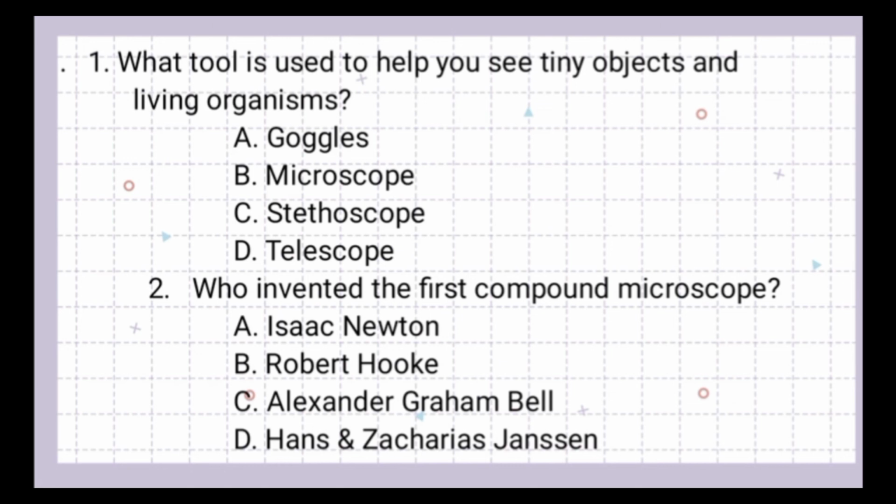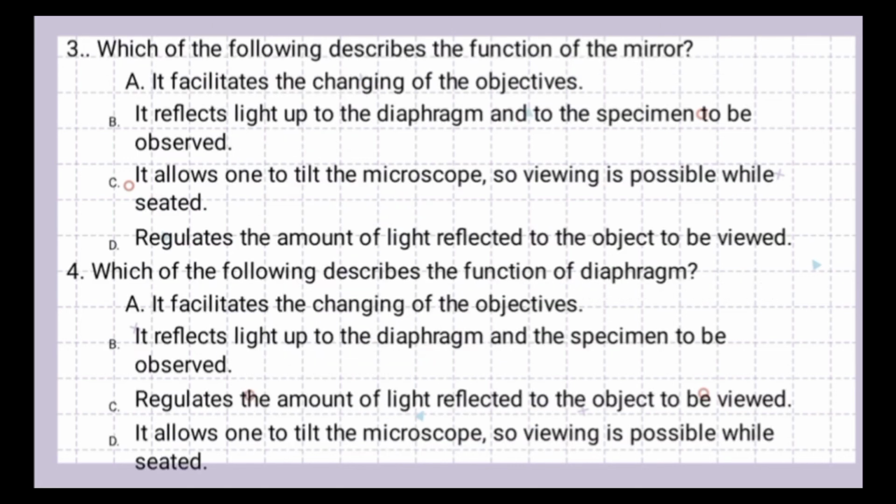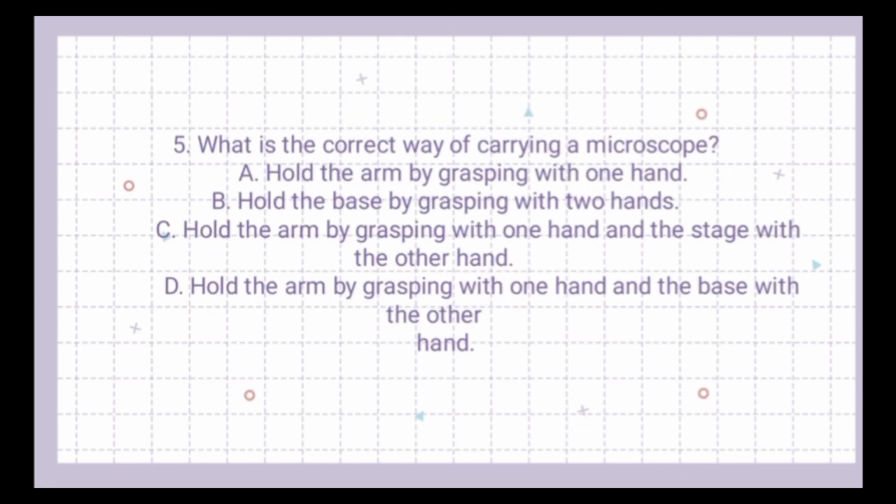So the correct answer for number 2 is letter D. Now let's proceed to number 3. Very good. The correct answer is letter B. How about number 4? Precisely, the correct answer is letter C. For the last number, the correct answer is letter D.